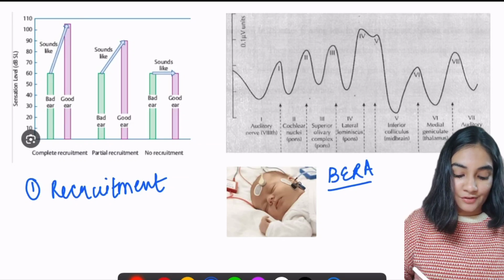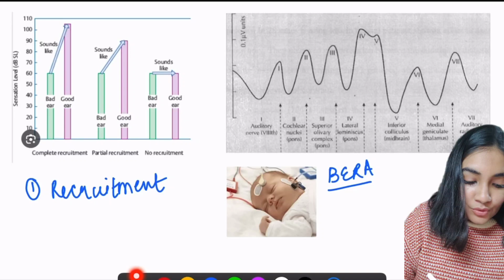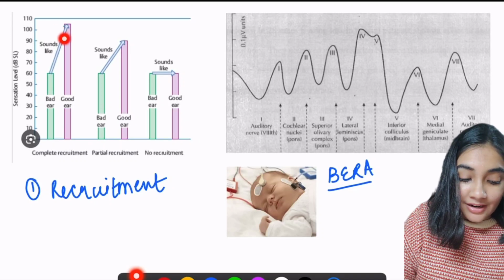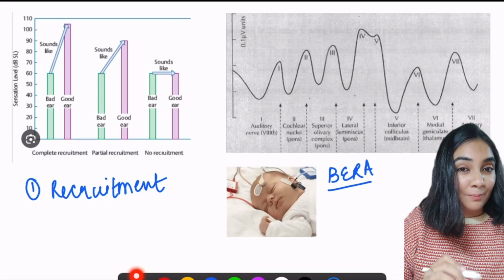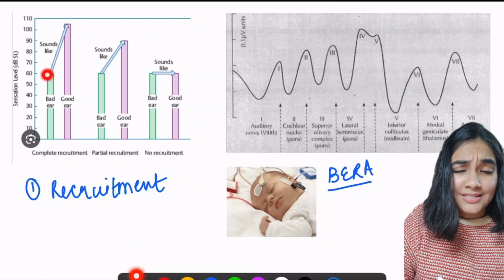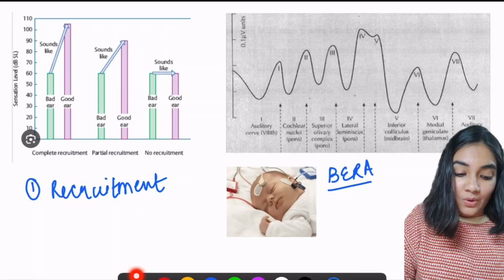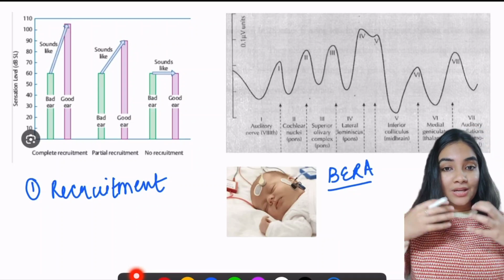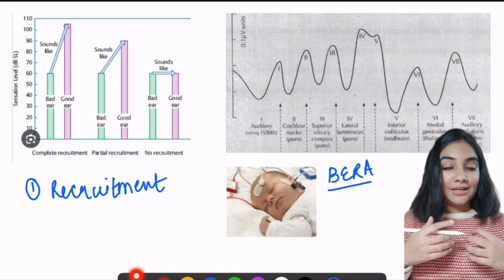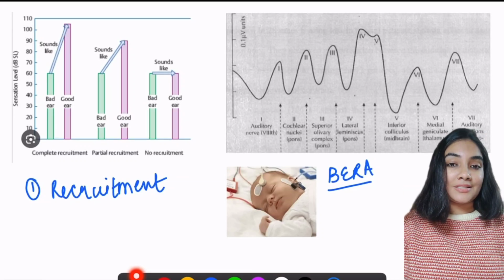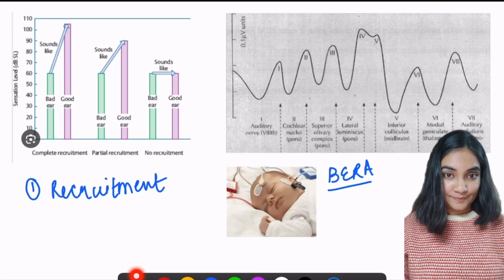A very nice graph I found was a good ear, what it hears at 100 decibels is what a bad ear would hear even at 60 decibels because of recruitment. So many hair cells are recruited that there is a sudden rise in what they hear.